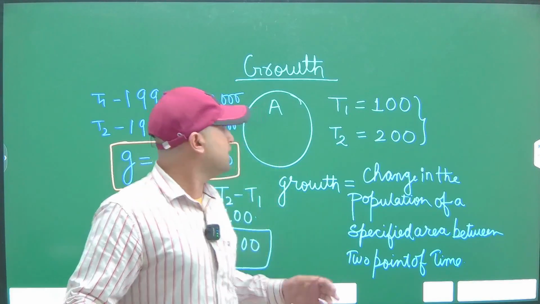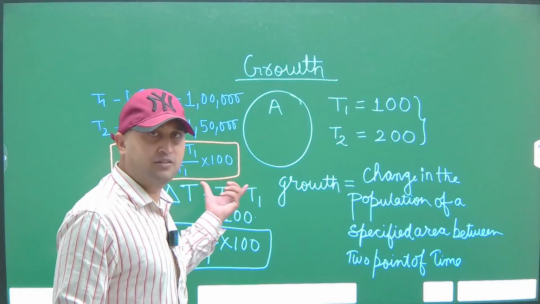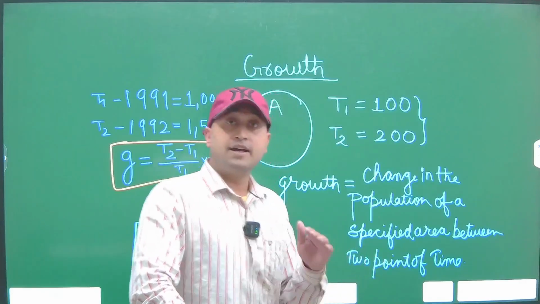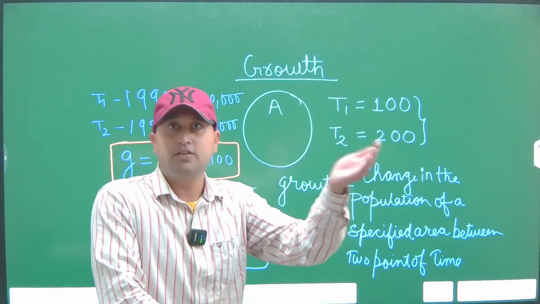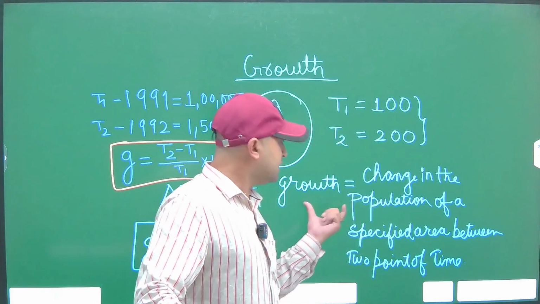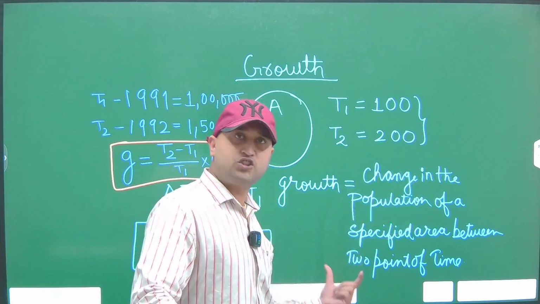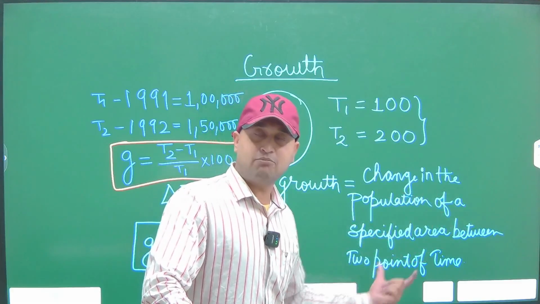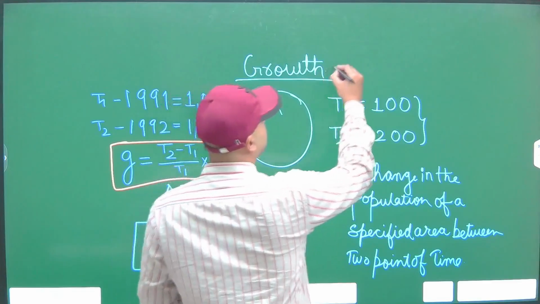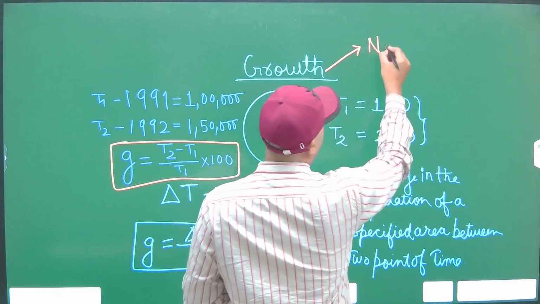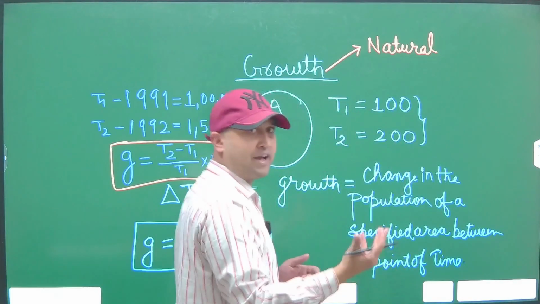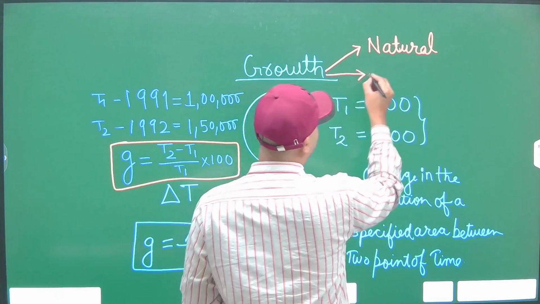Point number 3: this growth or change in the population can be in increasing terms or in decreasing terms. There are several factors on which this change in the number of people depends. The population growth is influenced by some natural factors and induced factors.